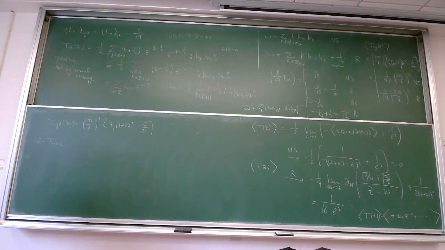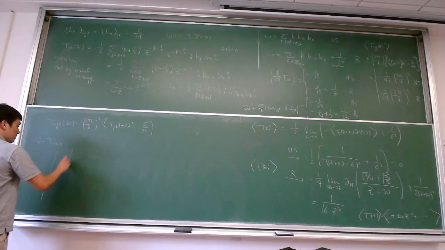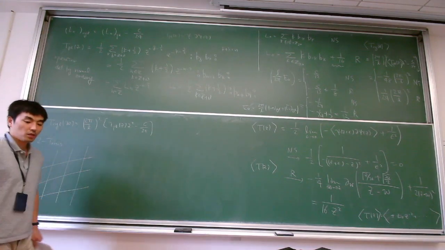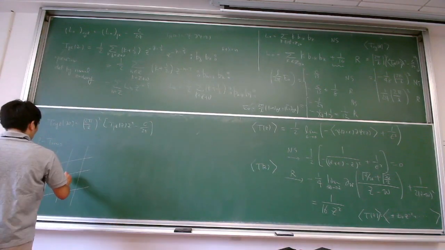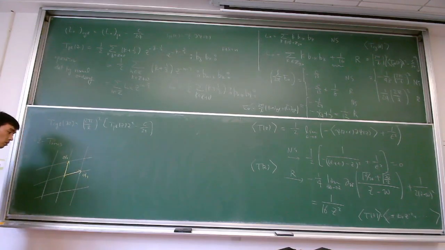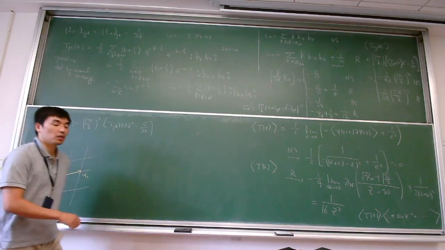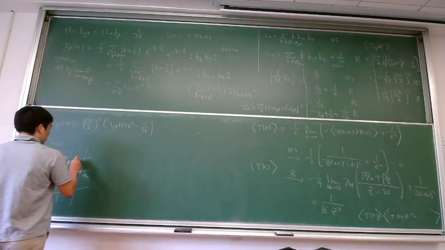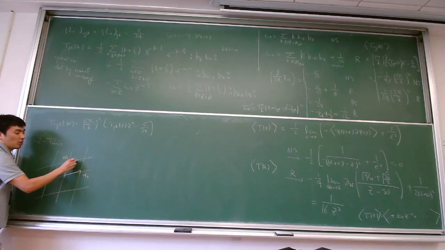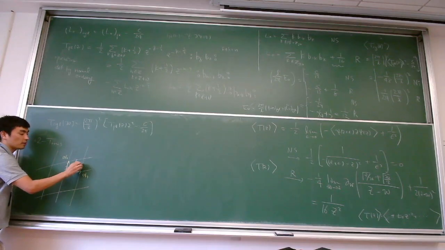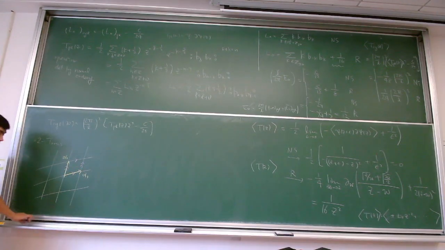We can just use a lattice to define the 2-torus. You just identify top and bottom, and then left and right, like this. Then you will get the torus.